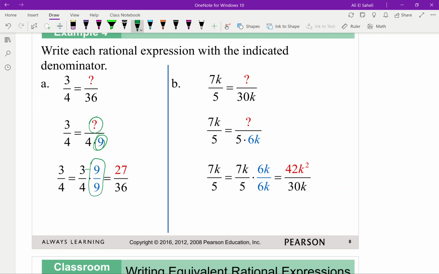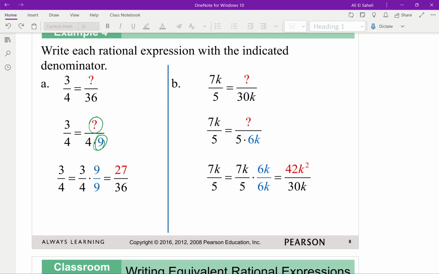So 3 times 9 is 27. 4 times 9 is 36. Now I have a rational expression that is equivalent to that, but it has the denominator 36.